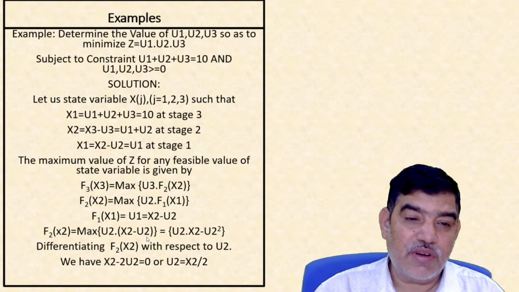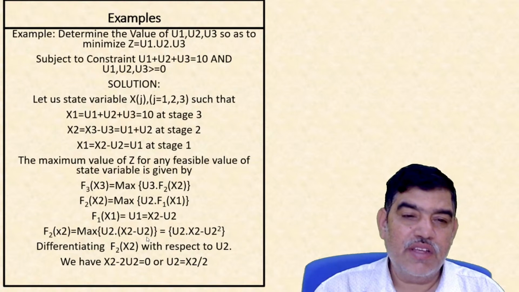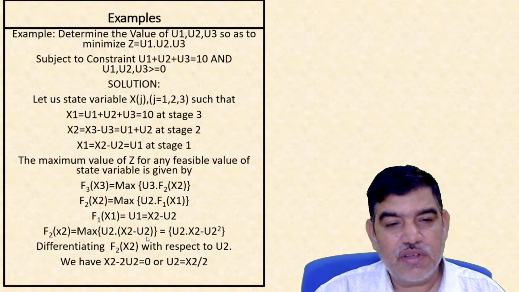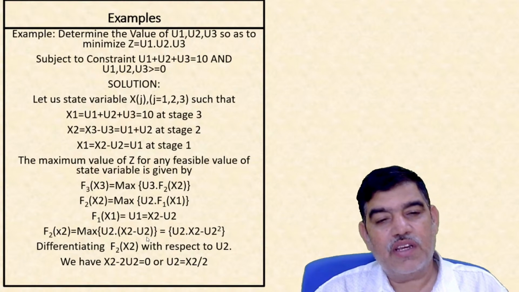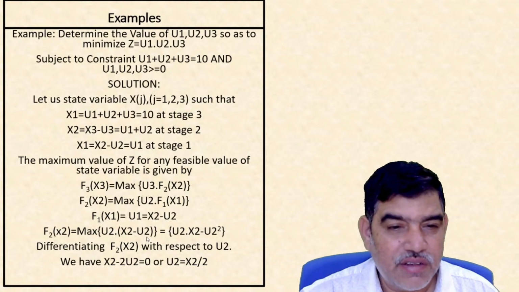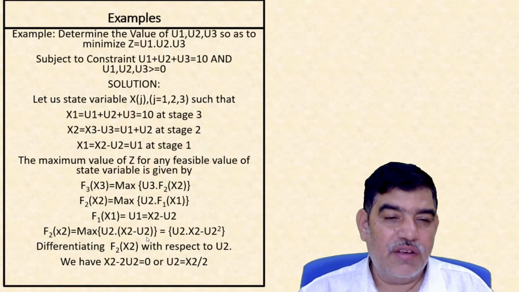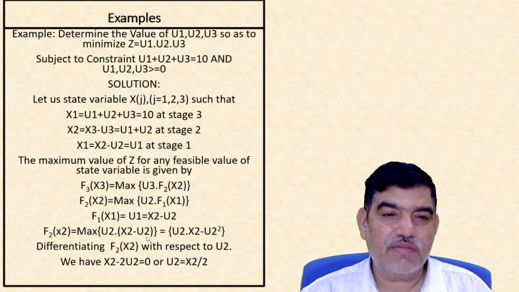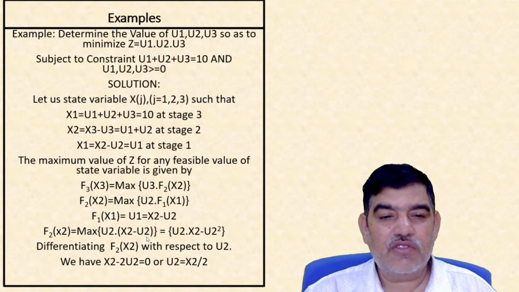And what is f of x1? F of x1 equal to u1 equal to x2 minus u2. Now you can write it as function of x2 equal to max, that is the maximum, over u2 of u2 times (x2 minus u2).